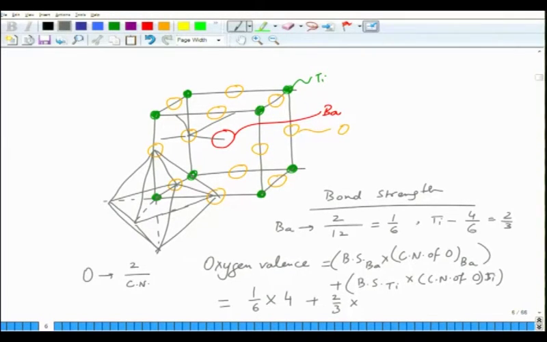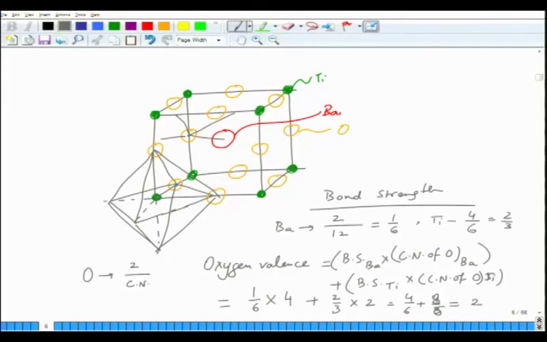One on this side, one on that side, only 2, right? So this is 4 by 6 plus 4 by 3, which is nothing but 8 by 6. So this becomes 2, and oxygen valence is 2. So it does follow the rule of bond strength.